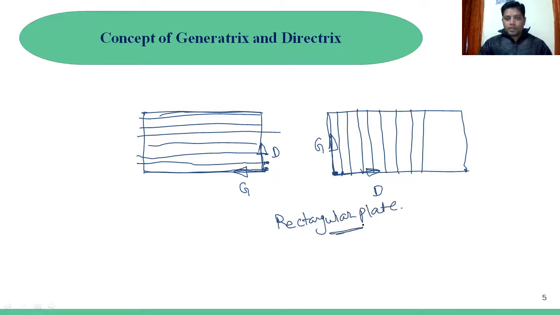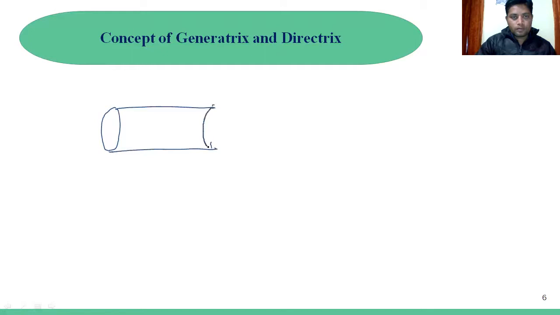Okay, so let's see the example of the circular section. If I'm keeping my tool over here, then it will remove the material from here.